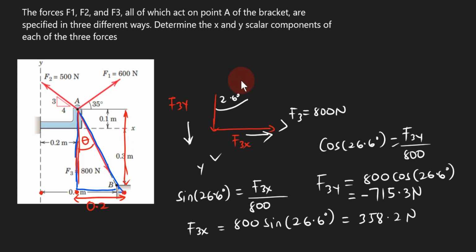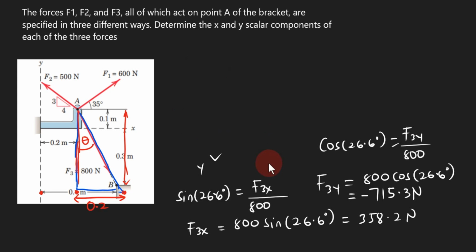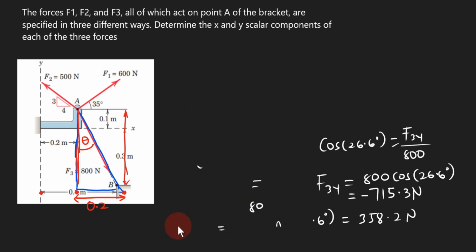If you have an idea about unit vectors, you can try your hands on it. Then after that, you compare your answer to what we had. So we had 715.3 and then 358.2. That's for the component of F3.